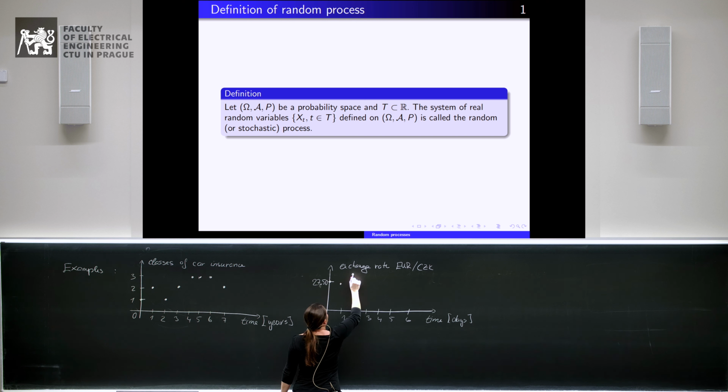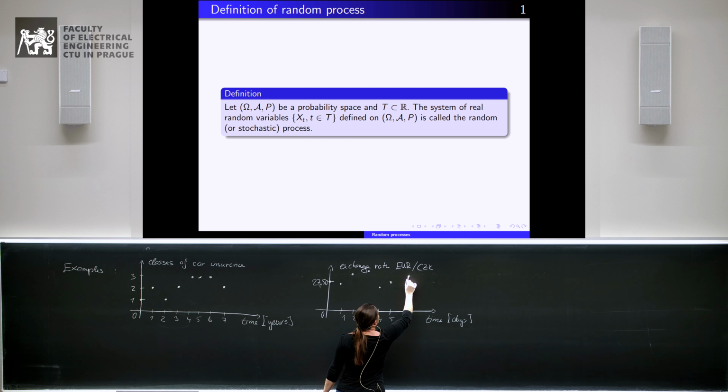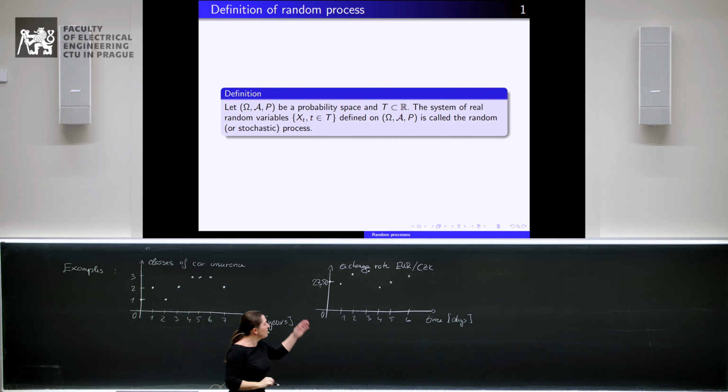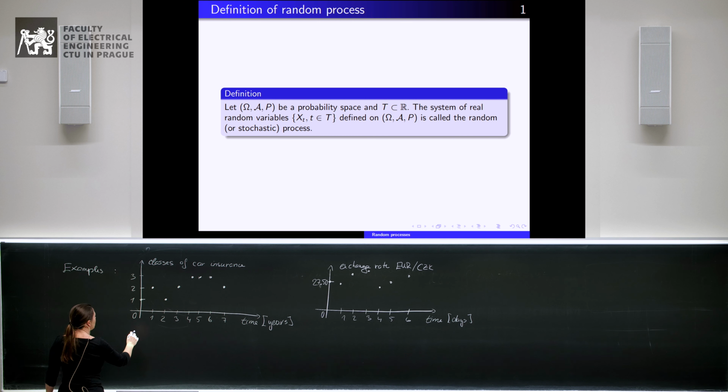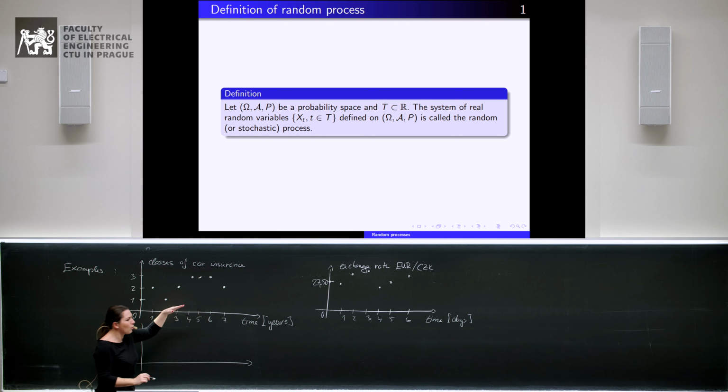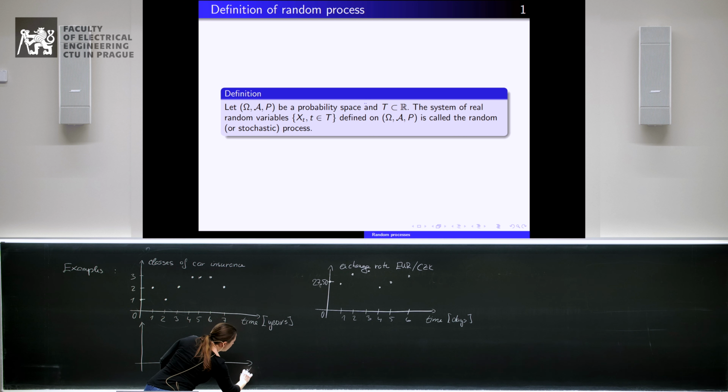And the exchange rate is changing from day to day. Or it is not necessarily a family of points at random heights. It can happen that we consider the time to be continuous.